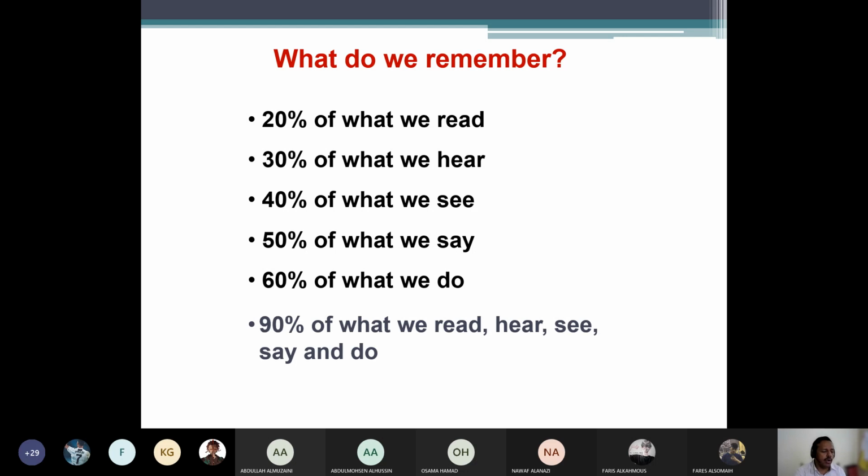If you see it, how is it happening? Let's say you saw one person doing basic life support or CPR in front of you. Then there are chances that you may be able to repeat it about 40%. So what you see, you can remember 40%.